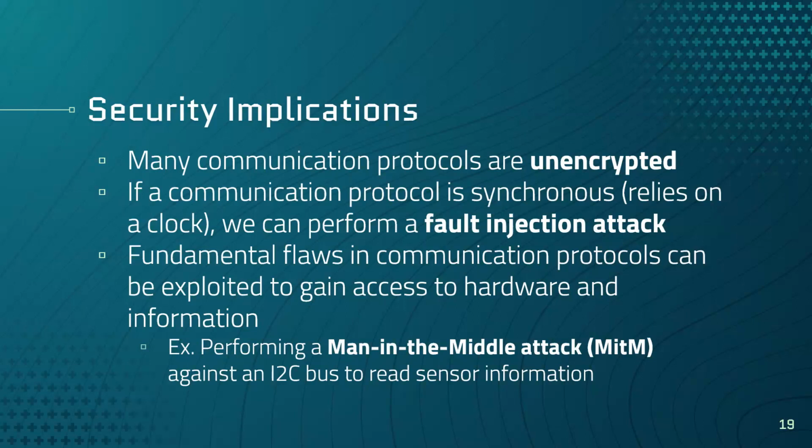So you can introduce a fault into the system that, if you introduce it in the correct way, can create a vulnerability, an entry point for further exploitation. So that's one example of a fault injection attack where you can use the actual timing of the system to create an exploit.